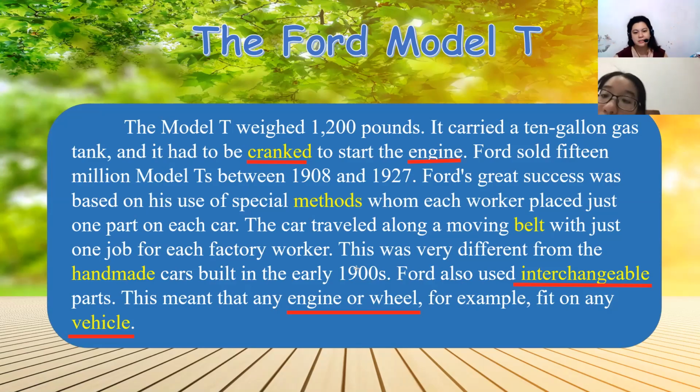You will crank it using your foot. Or another one: have you seen a boat when they start the engine? They will use a rope to crank the engine of the boat. No? Okay, wait. I'm going to send the meaning. Wait for me.